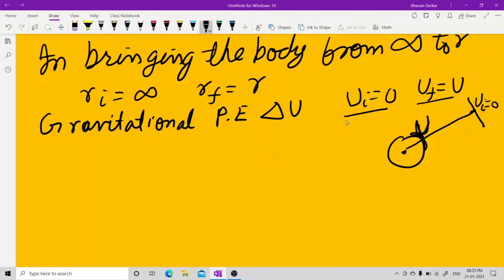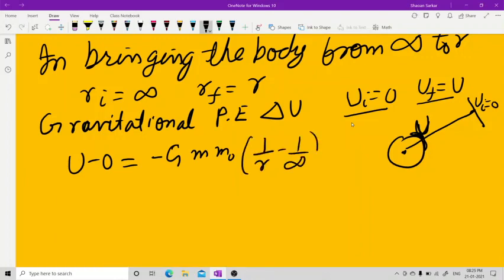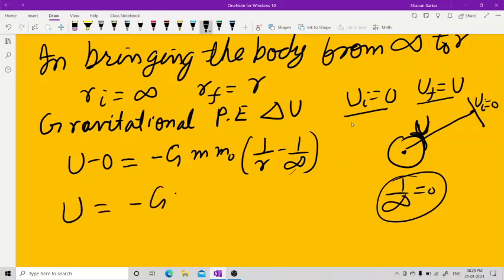So delta U, if you write, you have U minus 0 is equal to minus, you had what expression? You had minus GM M naught, now you have 1 upon r minus 1 upon infinity, and this 1 upon infinity is 0. So, 1 upon infinity being 0, U is minus GM naught by r, and this is always quantified.